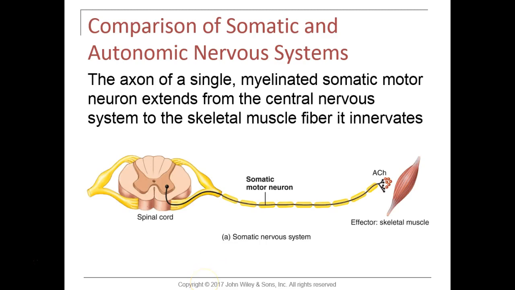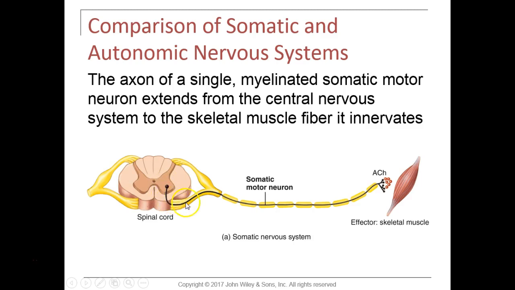So, the somatic nervous system structurally is set up different from the autonomic nervous system. What we're looking at with this picture right here, with the cross section of the spinal cord, the posterior root and anterior root of a spinal nerve, the somatic nervous system motor output has one motor neuron with the neuron cell body embedded in the anterior gray horn of the spinal cord.